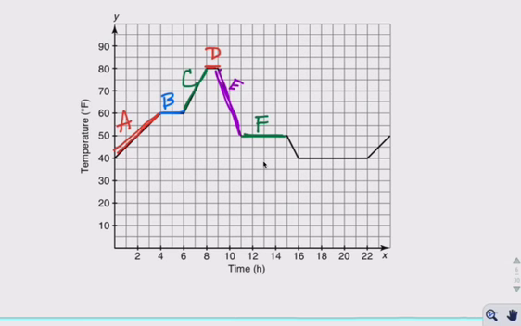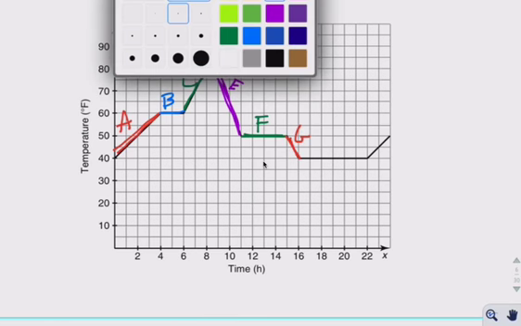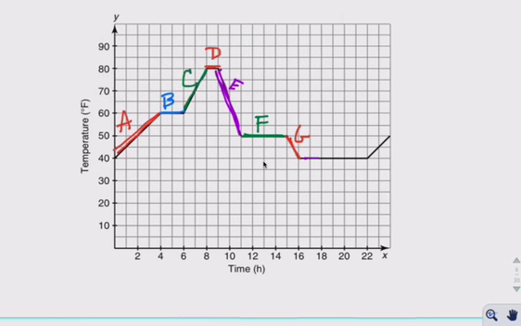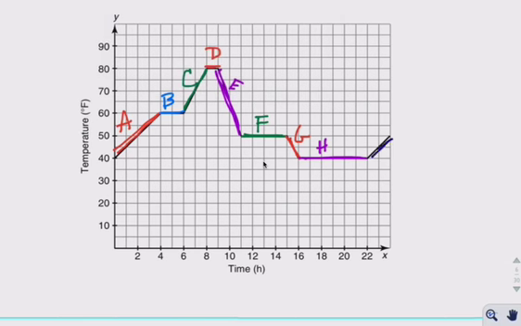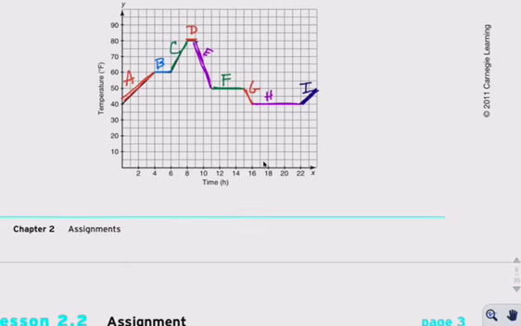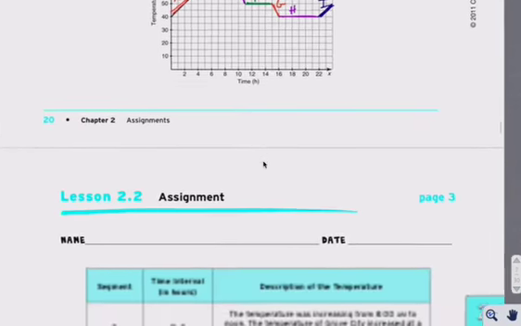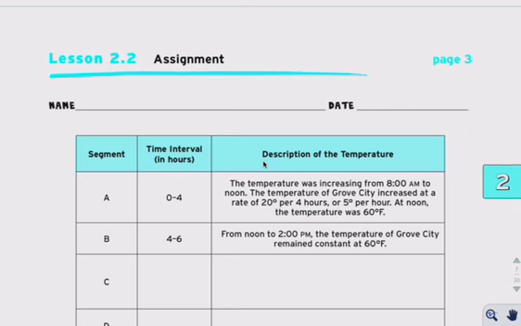In math it's called horizontal. The next segment going down from there is G. The flat horizontal segment is H. And then we stop at the letter I right here. Now on the next page, we need to describe that. They gave you 2 examples already.